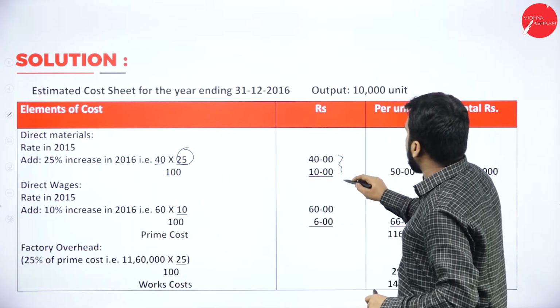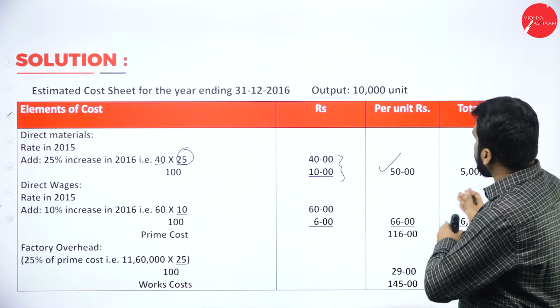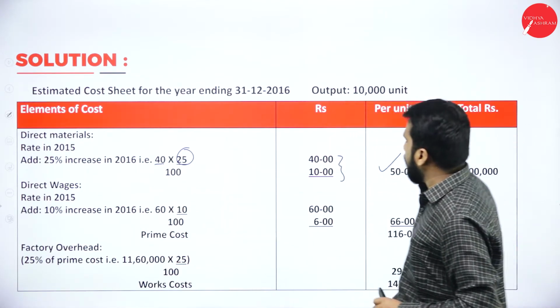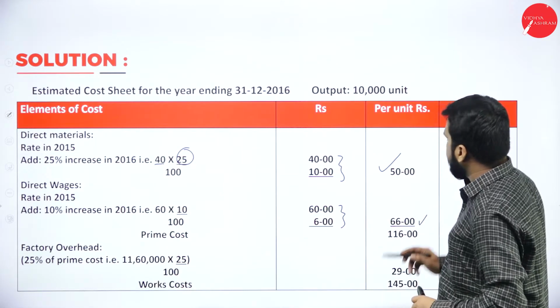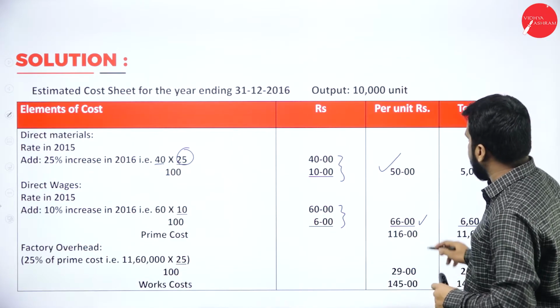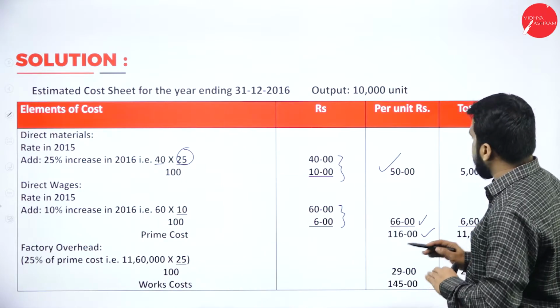It will become 50. Any doubt? Easy. We'll go for last column later. Now, your wages, it was 60. Now 10% added, it will become 66. Now 50 plus 66, it will be 116. Now up to this, no doubt.